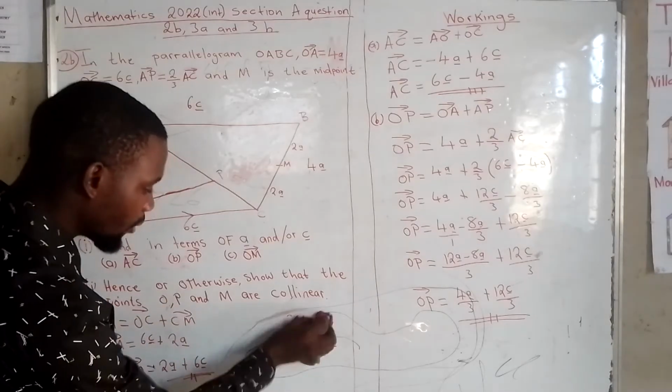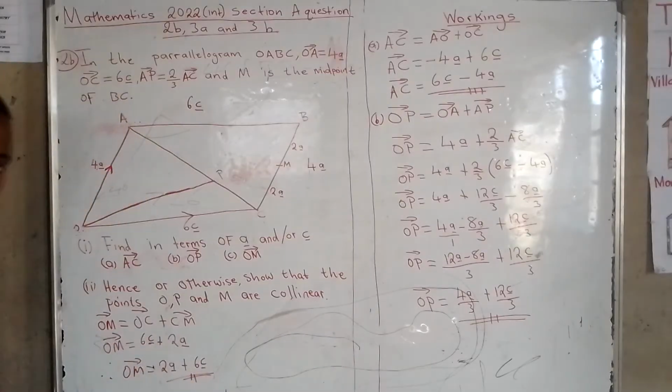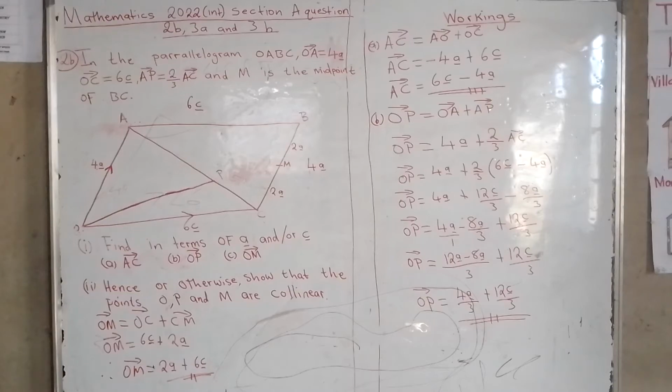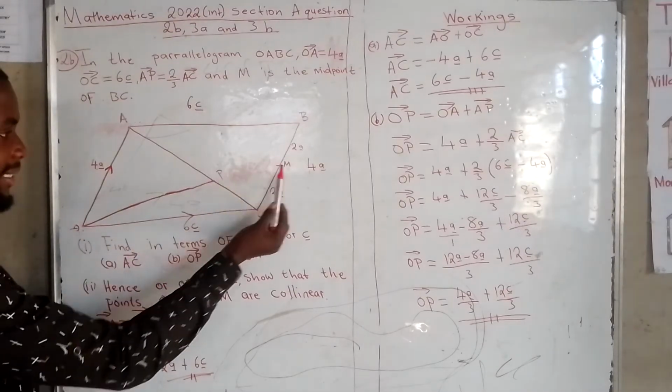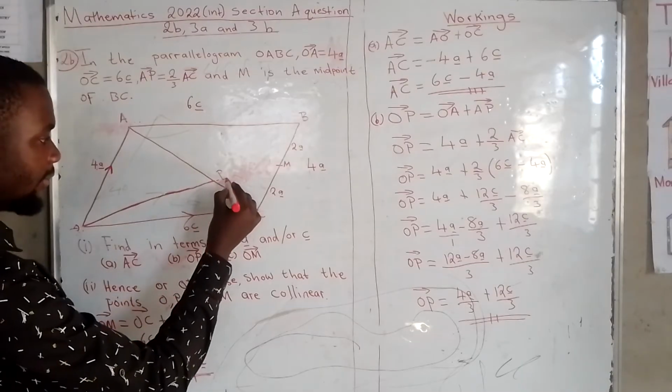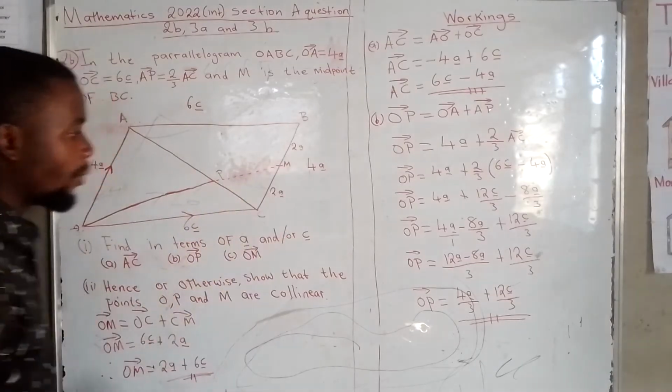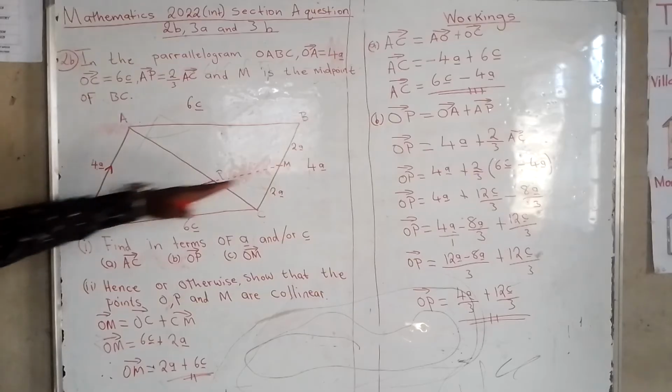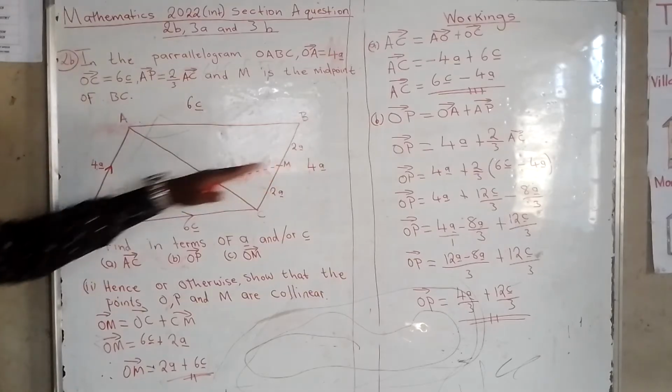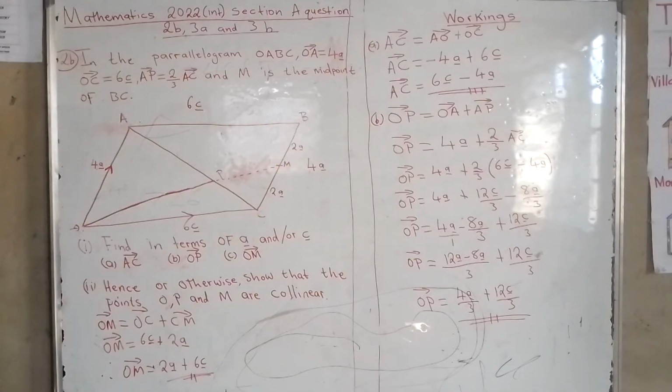That's what it means. So for us to do that, we need to prove one thing. Since they're saying O, P, and M, if I extend this line like that, we need to show that these points lie on a straight line. So I need to make sure that I have all the lines.